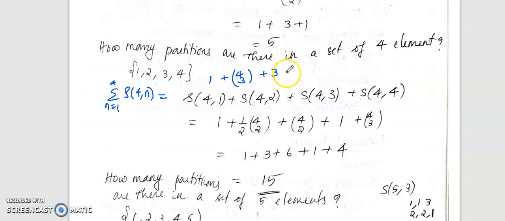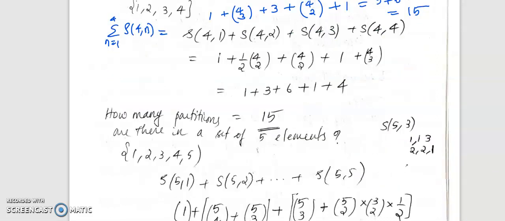And S(4,3) will be equal to S(R,R-1), which is 4C2, then S(4,4) will be equal to 1. So you are going to get 1 plus 7 plus 6 plus 1, which will be equal to 15. That will be the number of partitions of a 4 element set.